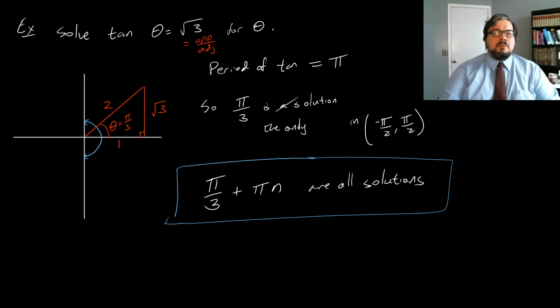Now let's look at some more complicated problems where we need to use a little bit of algebra in order to solve it. So this next one, we're going to have to use algebra. We're also going to have more solutions than we got last time.